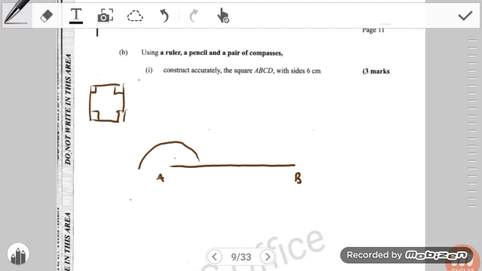What you're going to do is place the compass point right here, and with that extension, scribe an arc somewhere up here. Then you're going to go over to the end here. You can make a little broken line here if you want to, just to make sure.